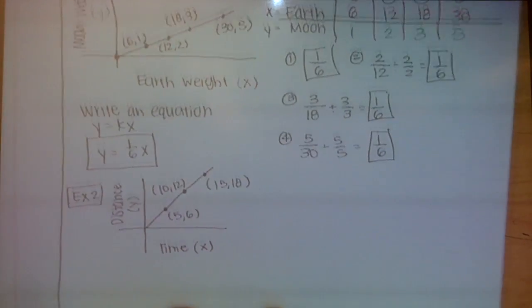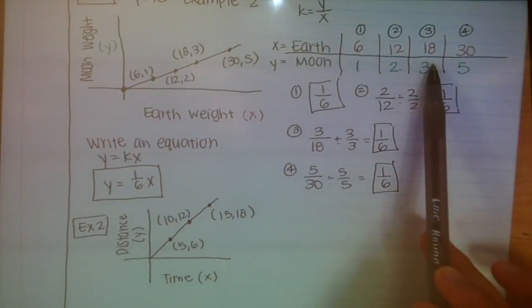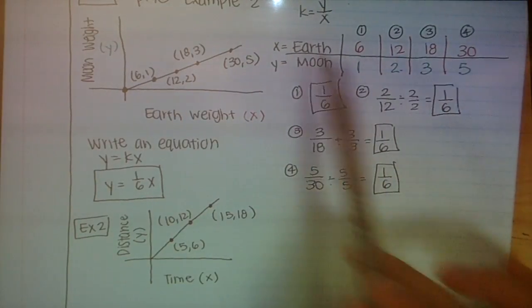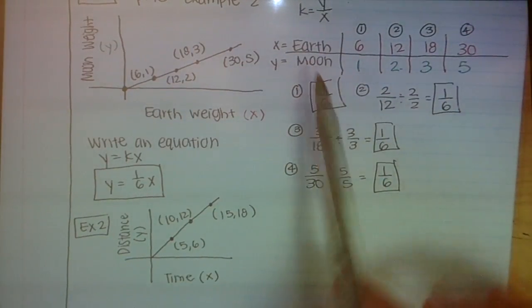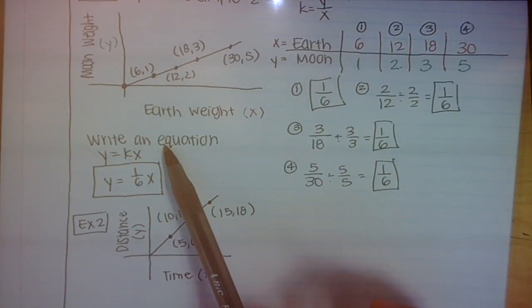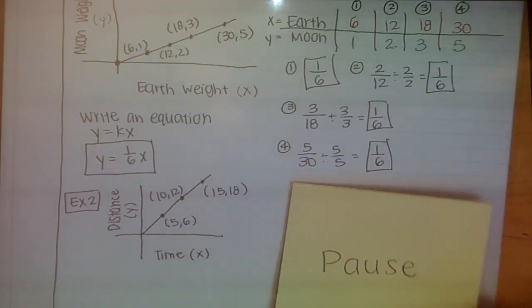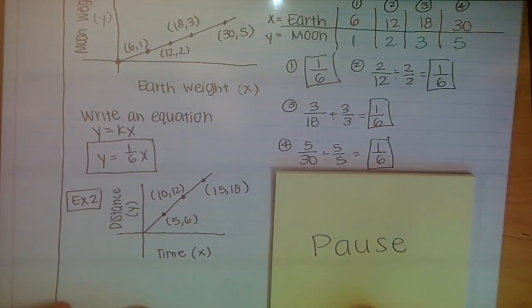So remember the steps are: write my points in a table with x on the top and y on the bottom. Then I'm going to check for a constant of proportionality and write an equation. Please pause the video for students to try this example.